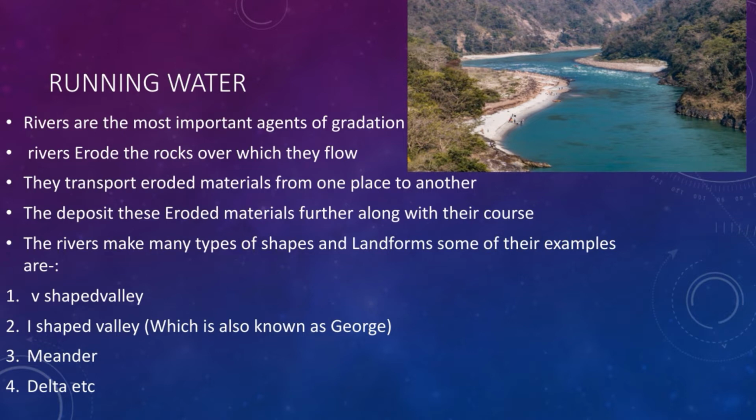They deposit these eroded materials further along their course. The rivers make many types of shapes and landforms. Some of their examples are: first, V-shaped valley; second, I-shaped valley, which is also known as gorge; third is meander, and the fourth is delta, etc.